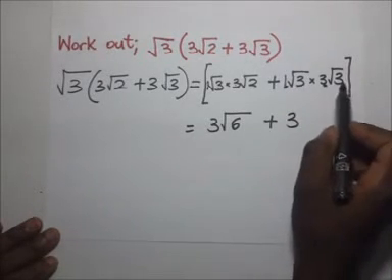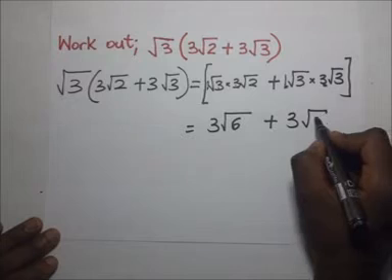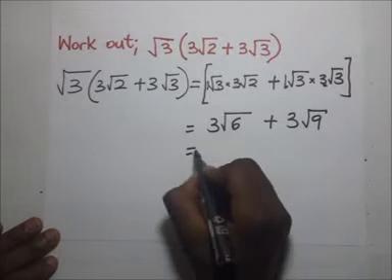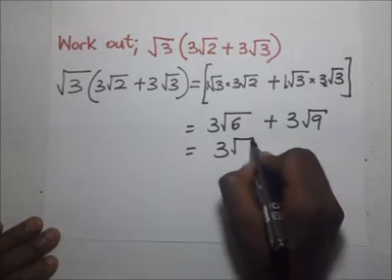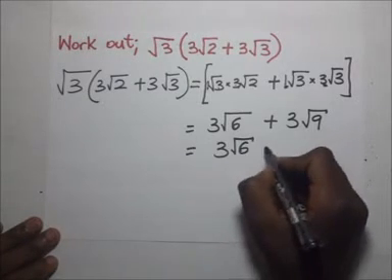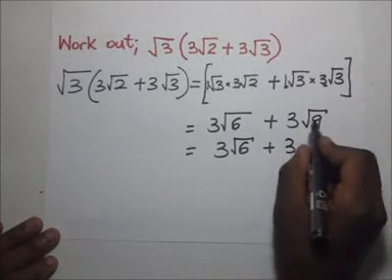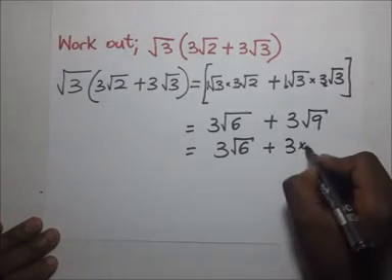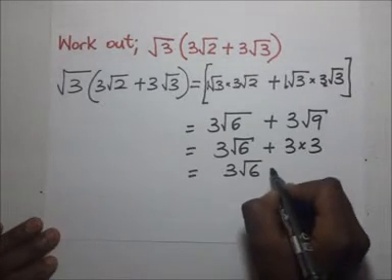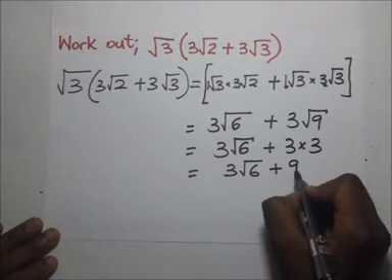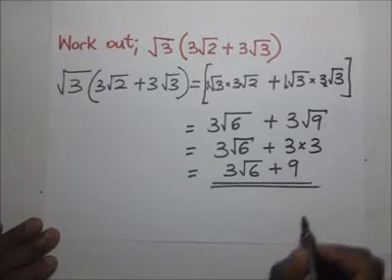Then root 3 times root 3 is root 9. So definitely here it's going to become 3 root 6, plus this is 3 times root of 9, which is 3 times 3. So our answer is going to be 3 root 6 plus 9. And this is our answer.